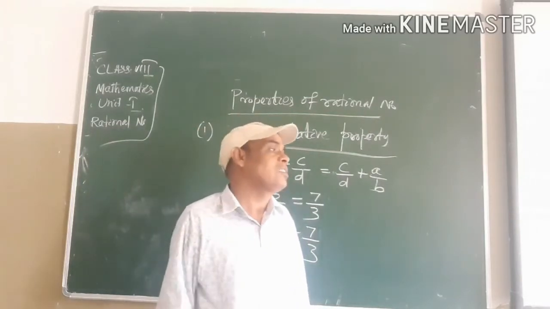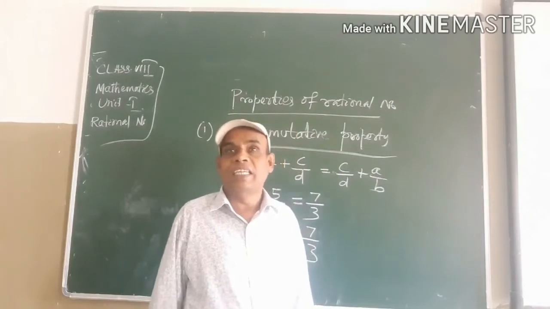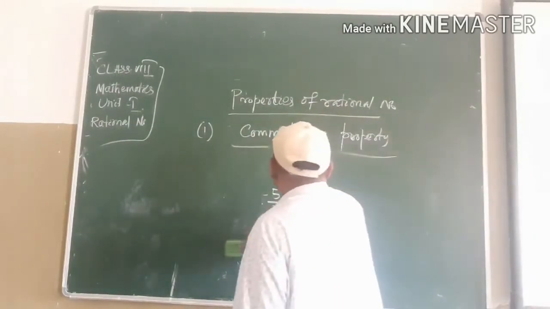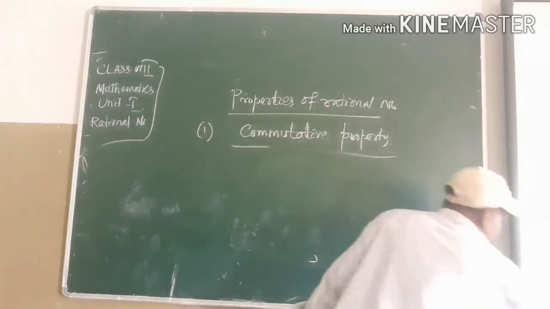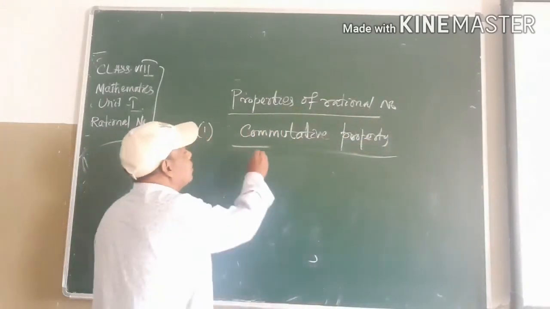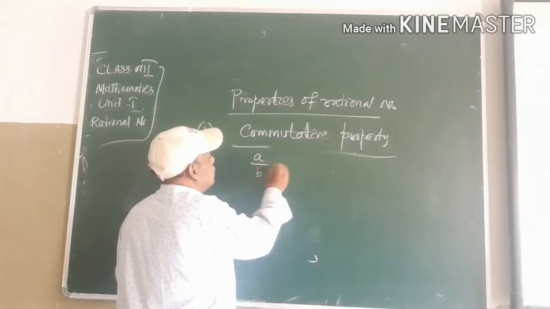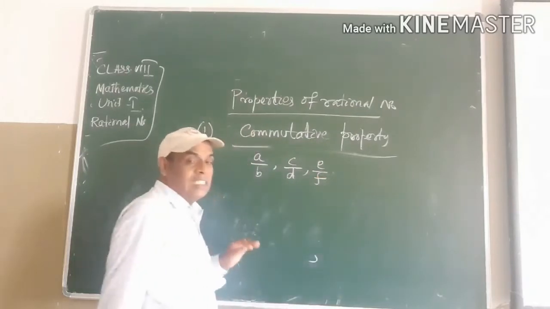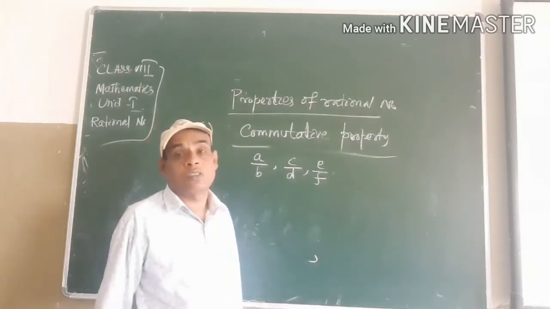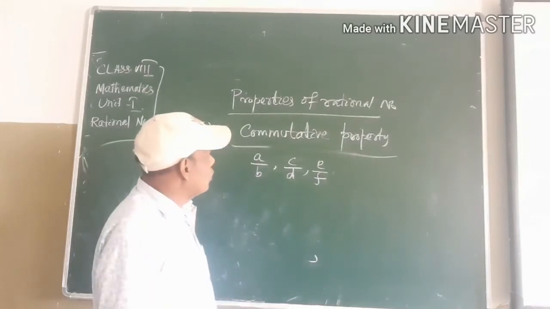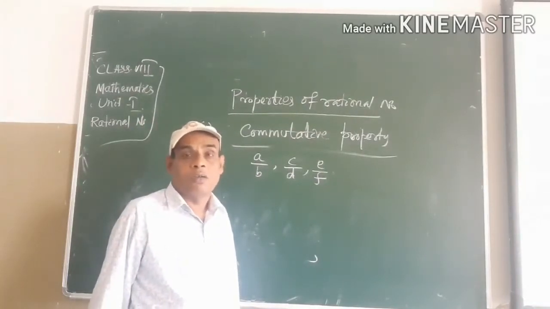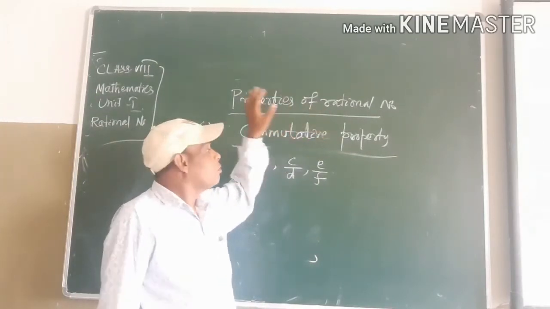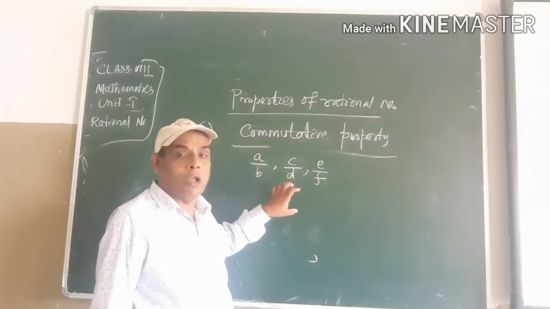Now for this case, you have to consider any three rational numbers. So you have to remember, suppose three rational numbers are a by b, c by d and e by f. These are three rational numbers respectively. So in associative law of addition, rational numbers follow the associative law.